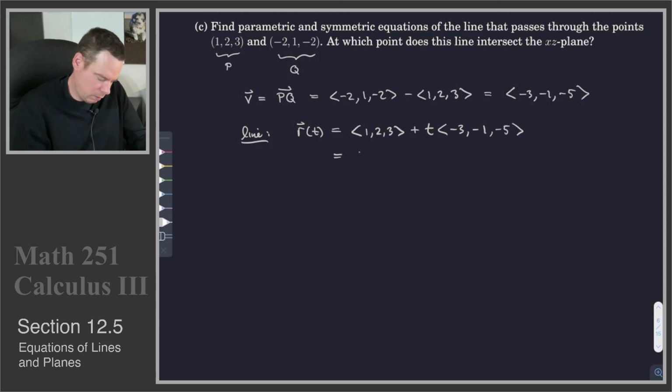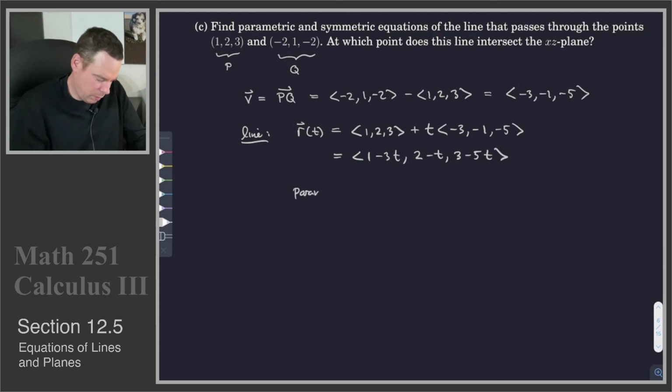And so there is our vector equation of the line. I'm just going to put them all into a single vector. So that's going to be 1 minus 3t, 2 minus t and 3 minus 5t.